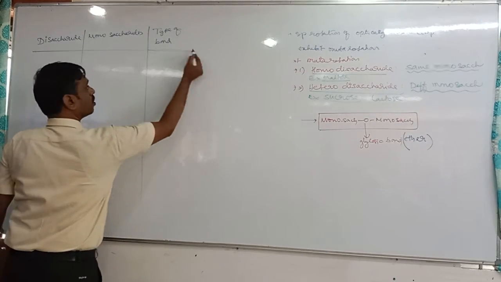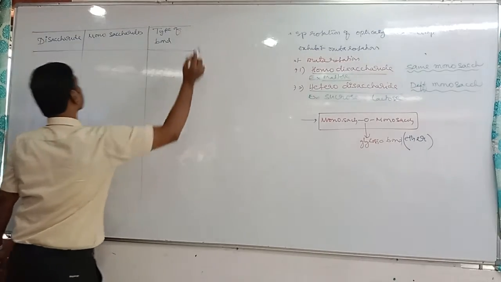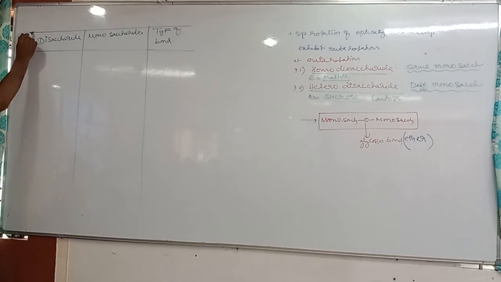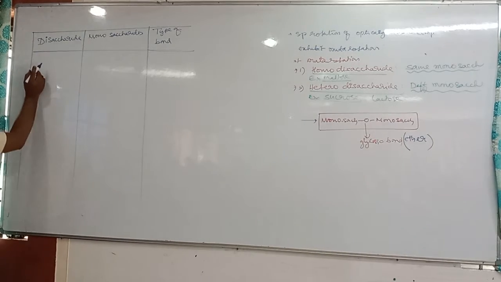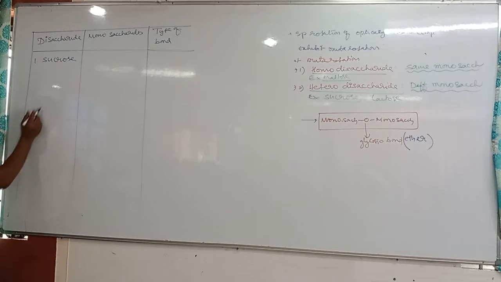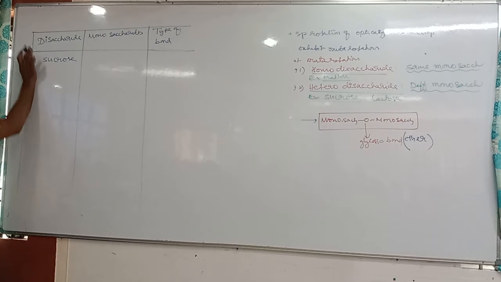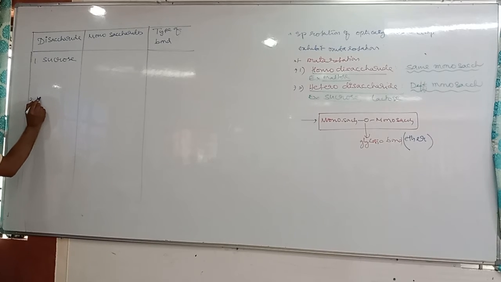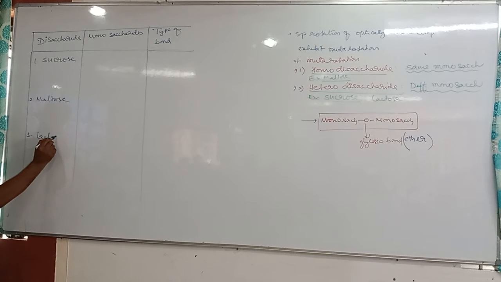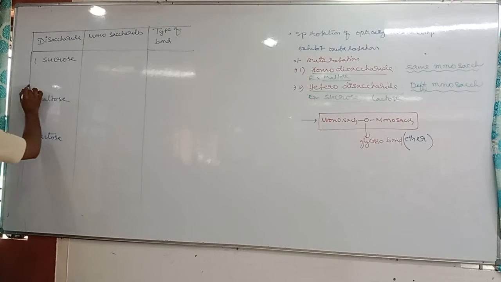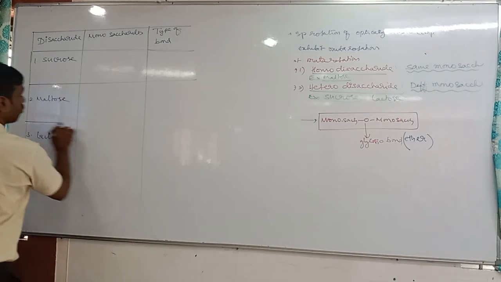What are the disaccharides? One, sucrose. Two, maltose. Three, lactose. Sucrose, maltose, lactose.